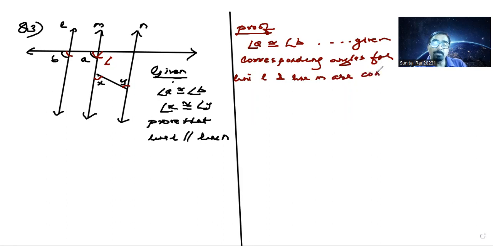I just interpret the meaning of it. If in words I say, angle A congruent angle B, therefore corresponding angles for lines L and M are congruent. So can I say, therefore, line L parallel line M, figure number 1, by corresponding angle test.